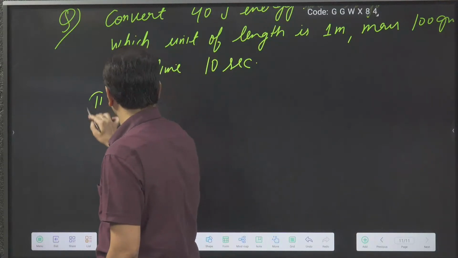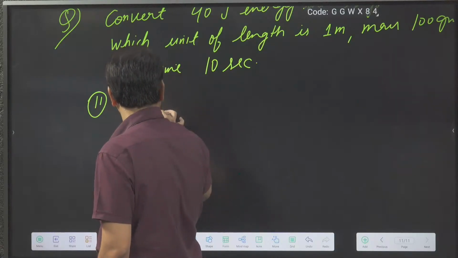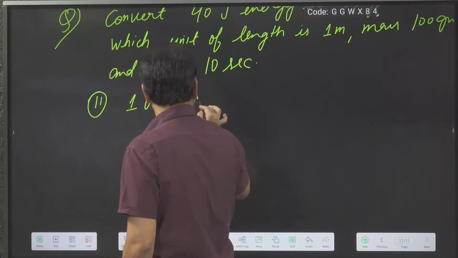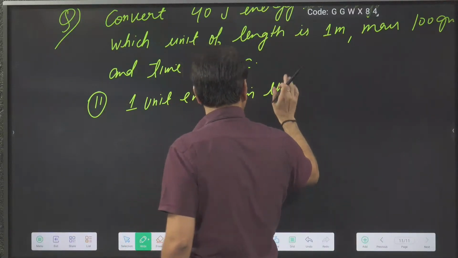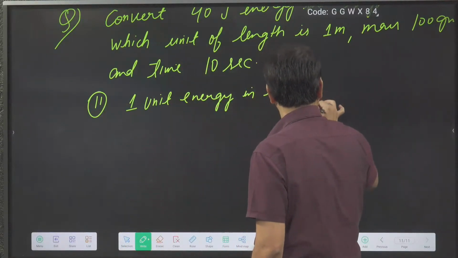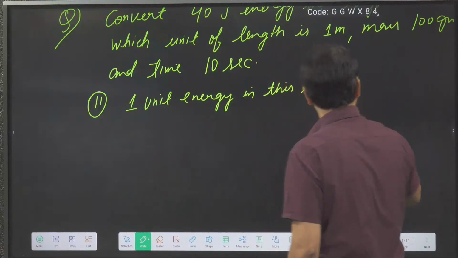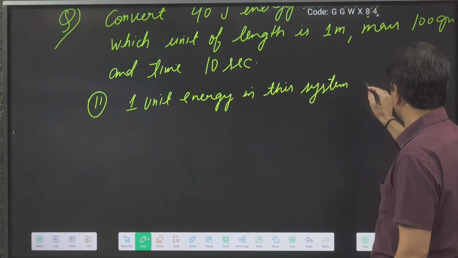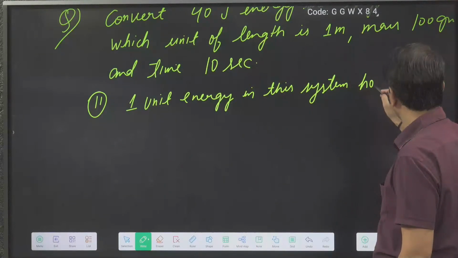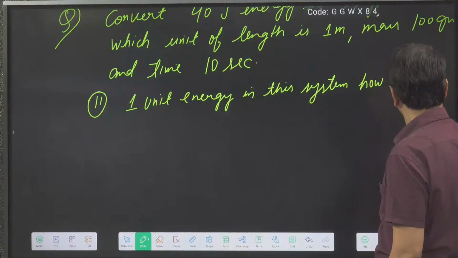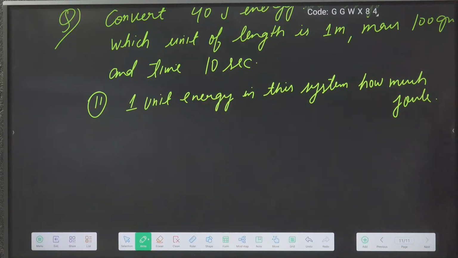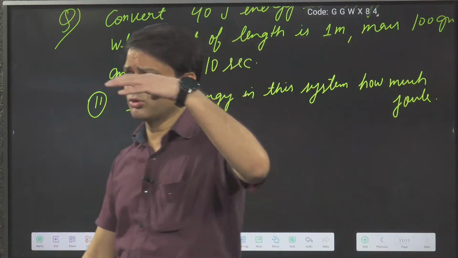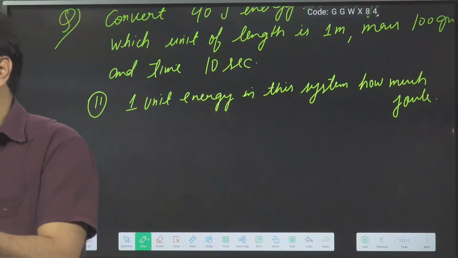And second part, 1 unit of energy in this system is how much joule? Okay, so what I said here, suppose we have 40 joule energy.